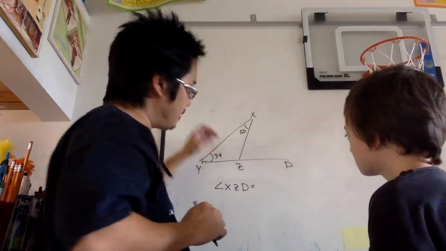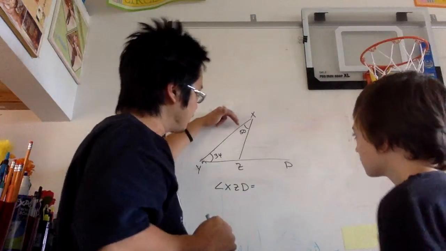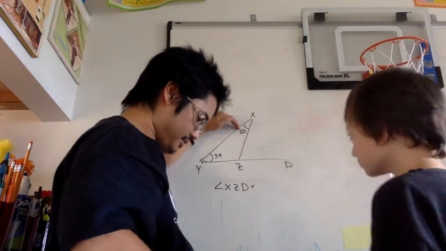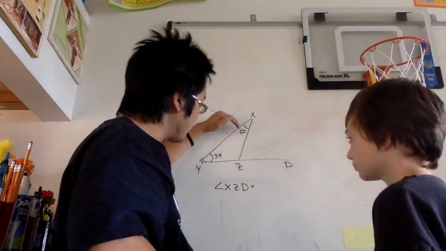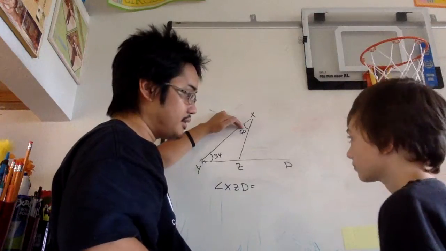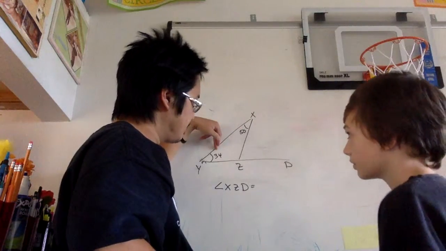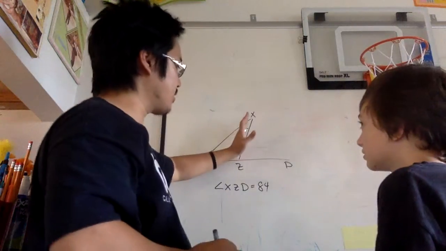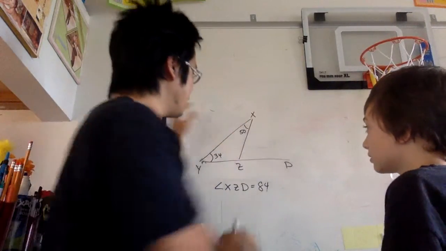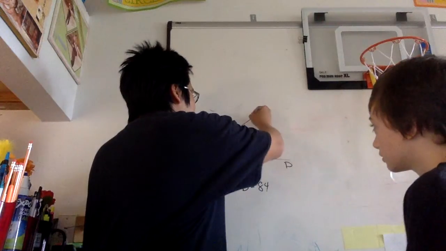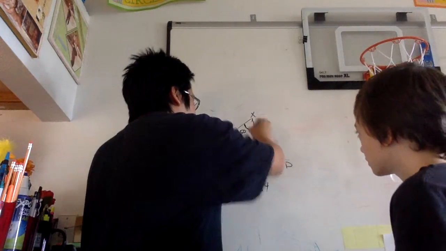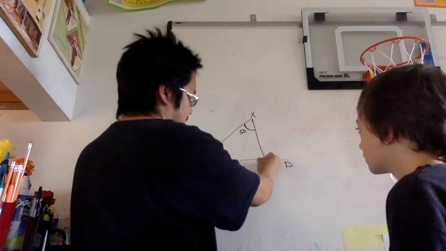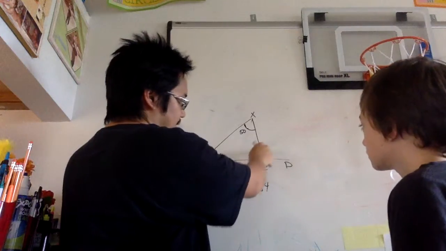We know that that is equal to 50 plus 34, which is 84. Now I know I didn't draw this so it looks like 84. Technically I should have drawn it like this, because that's about 84 degrees over here.